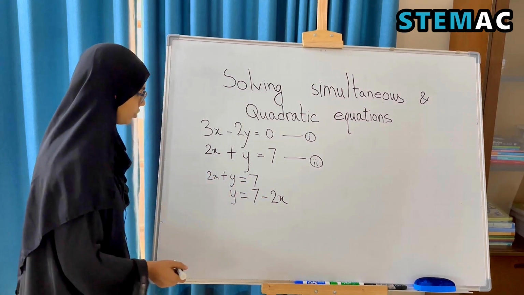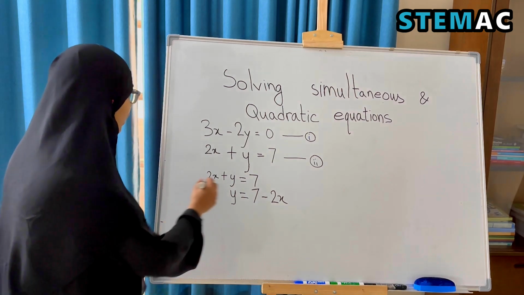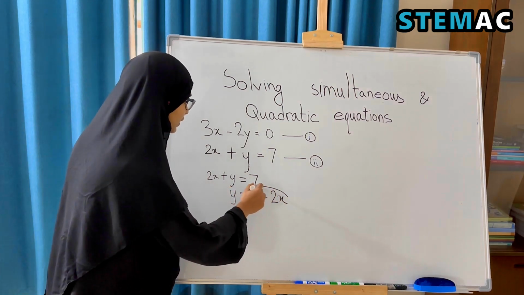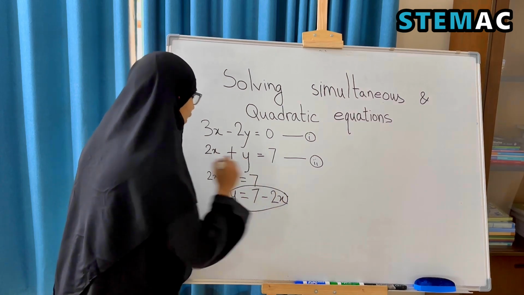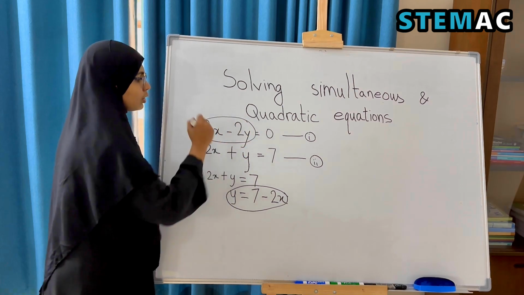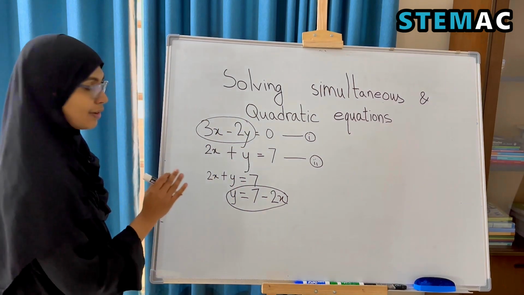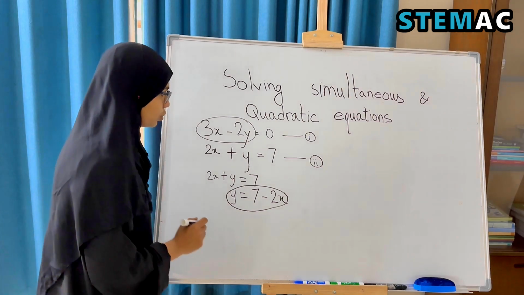Negative comes in front. So now we can substitute y equals 7 minus 2x into this equation, equation 1, to find the value of x. Let's do this.